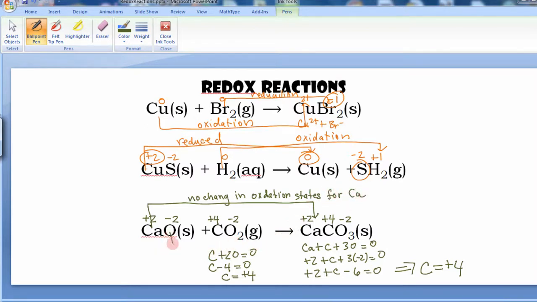What happens to oxygen? It goes from a -2 to a what? -2. No change in oxidation states. What about carbon? It goes from a +4 to a +4. No change.